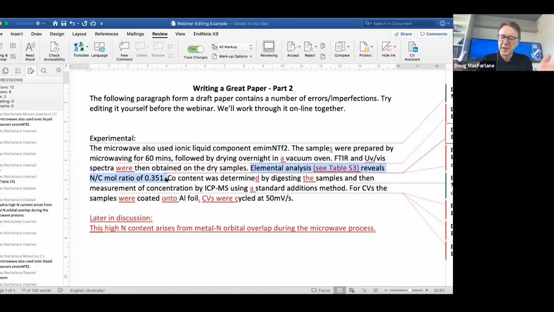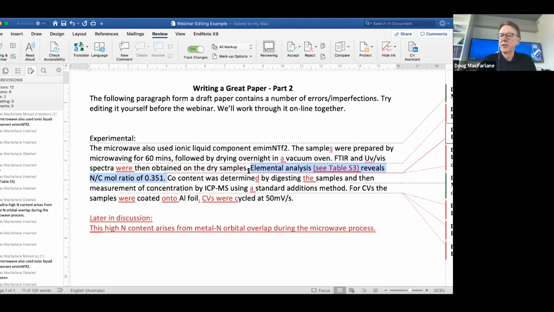So to summarize what I just said, you can use either if you're reporting results, which this is. However, it's best to try to stick to one tense only. So you could either say elemental analysis revealed, past tense, and then make sure everything else is in the past tense. Or if you want to use the present tense in a results and discussion presentation, then that's okay, in which case this would be okay.